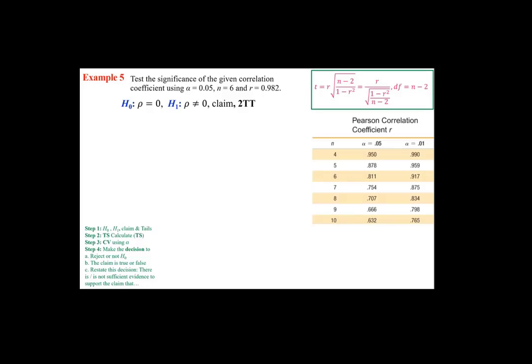Now we have two methods. One of them is using the t-distribution. One of them is using the Pearson correlation coefficient. In fact, that is the table that you're looking at. We're going to go through each and every one of them. If we are going with the t-distribution, look at the top formula. The formula for t is given, and we need the value of r to calculate it.